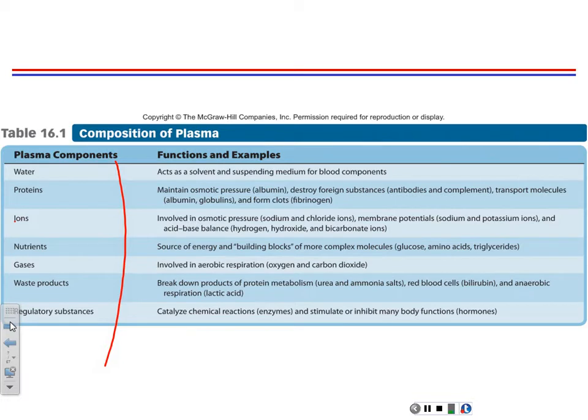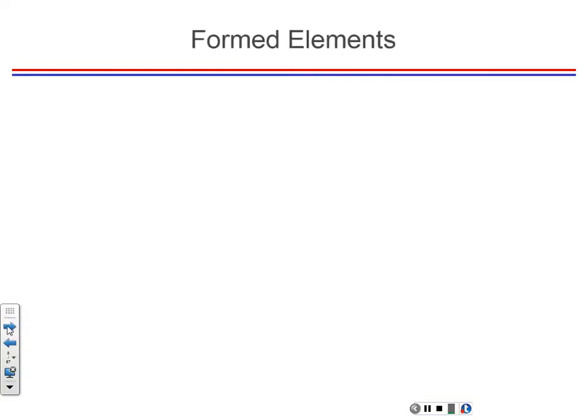Remember, I said sodium chloride is the major salt in blood, and then of course the nutrients, the amino acids and glucose and so forth, and then waste products like urea, creatinine, and then regulatory substances, hormones, prostaglandins, and enzymes that catalyze rates of reactions and whatnot. All right, so that's all in plasma right there.